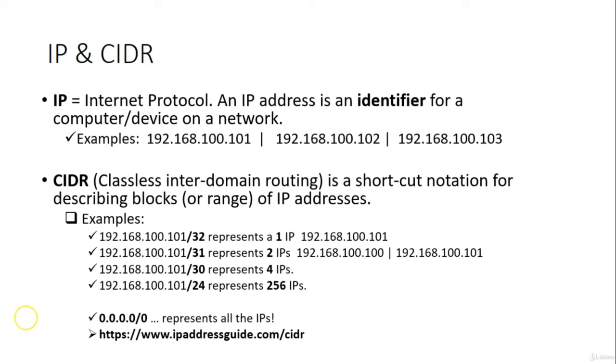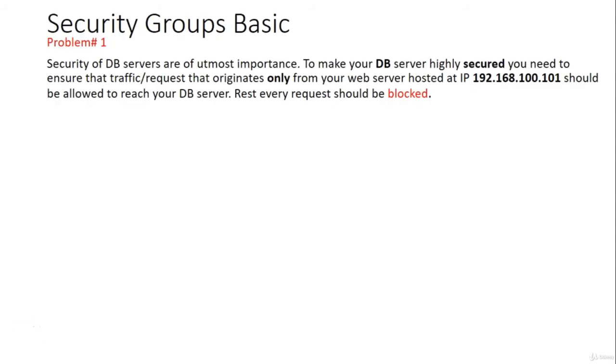Okay, so let's move on to some practical challenges which you face on a day-to-day basis related to IP, CIDR and security groups. To understand security groups in a better way, we will see some day-to-day challenges. You have one database server, and all of you know that database server security is of utmost importance.